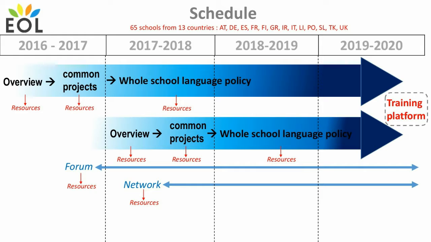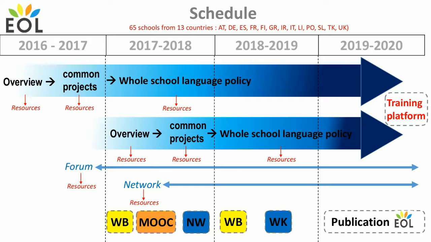But also the exchanges you have on the forum and maybe the new partnerships you can create within the network are very interesting for us. And we want to use our resources to create, by the end of the project, two training platforms: one for teachers and one for school principals.